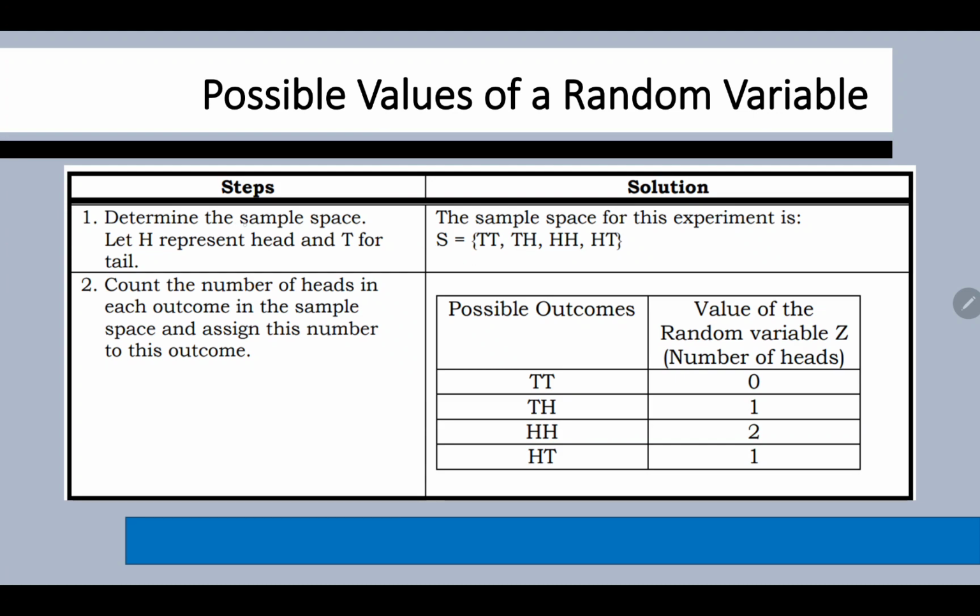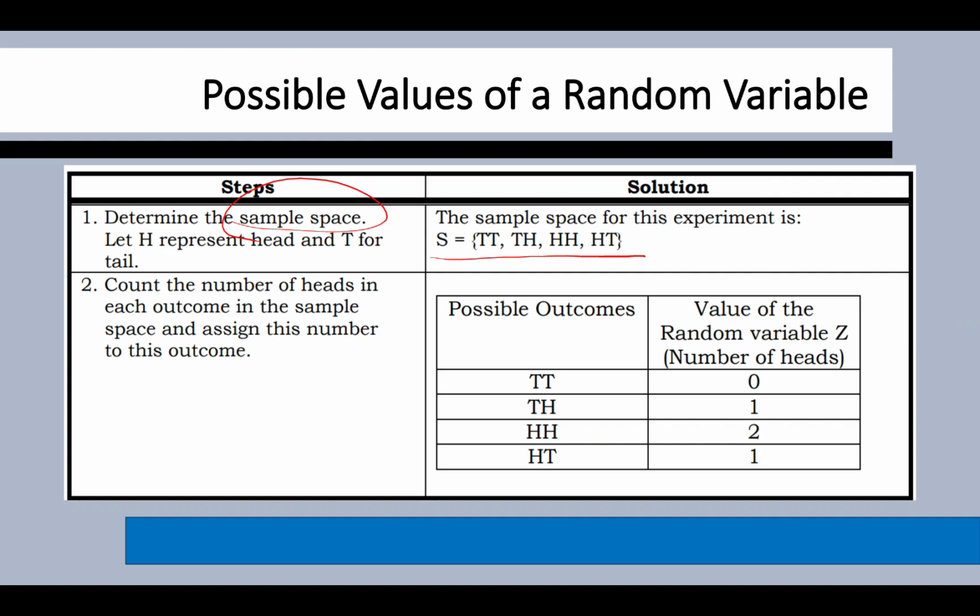Kailangan alamin muna natin yung sample space. Ayan yung sample space natin when we try to toss 2 coins. So, we have tail-tail, tail-head, head-tail, head-head. So, 4. And then, after you have the sample space, dapat alam natin yung lahat ng sample space na yon. Kung marami mang experiment yun, we have to find ways to systematically identify all the possible outcomes.